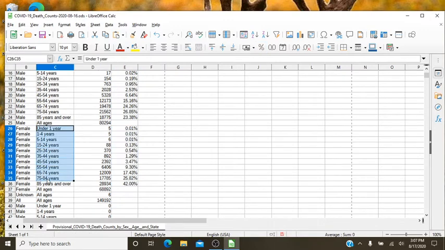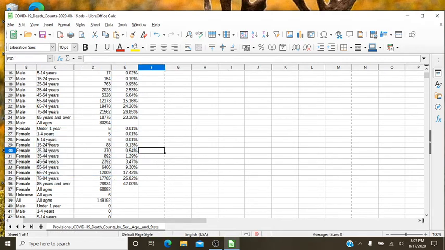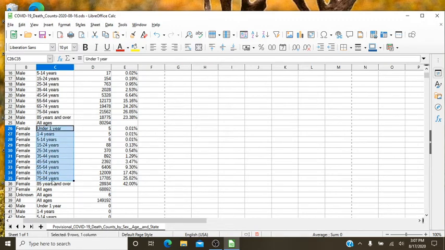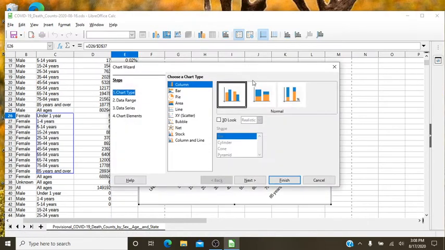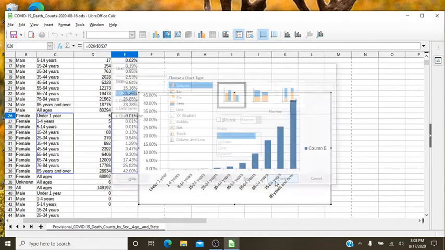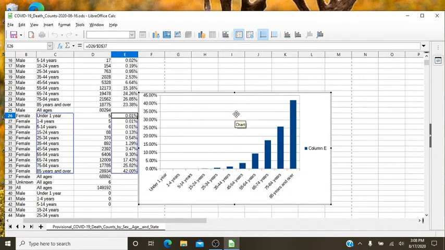Once again, let's do a plot of the death rate by age percentage. What would happen if I did? Wow.